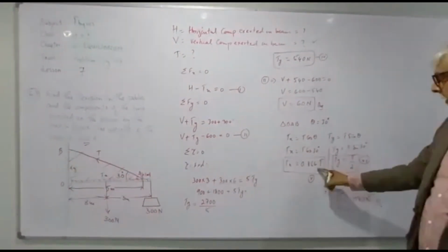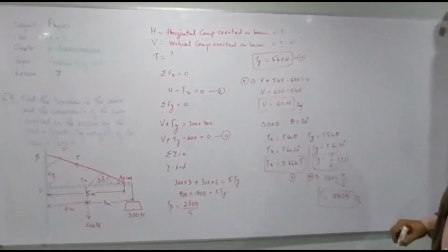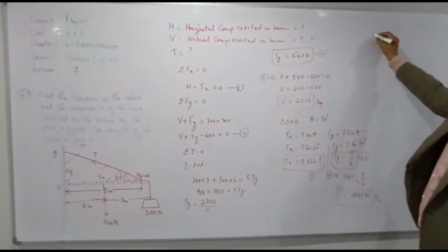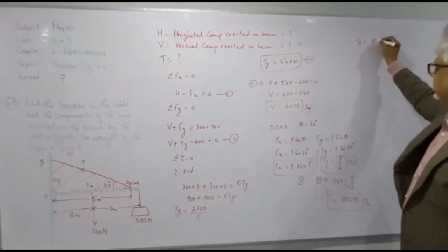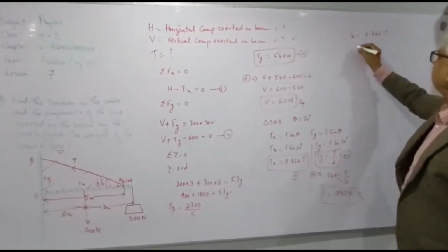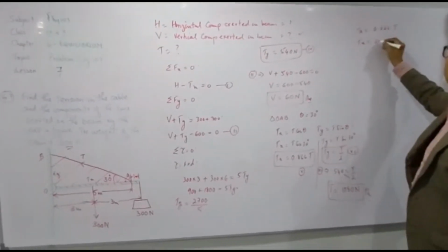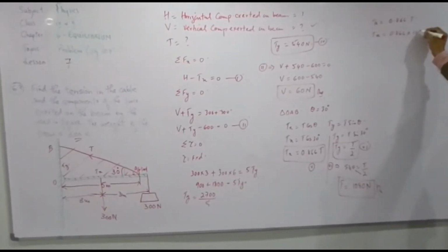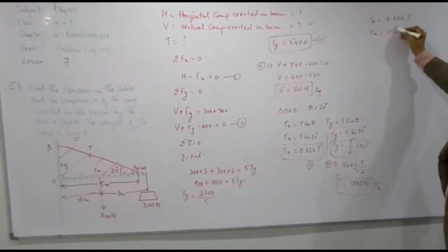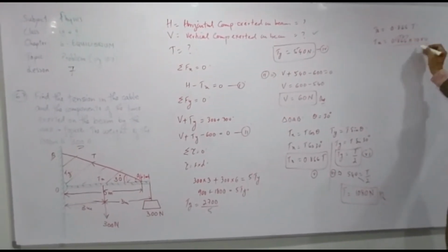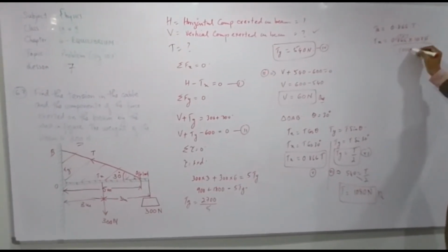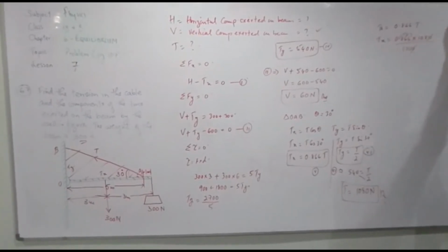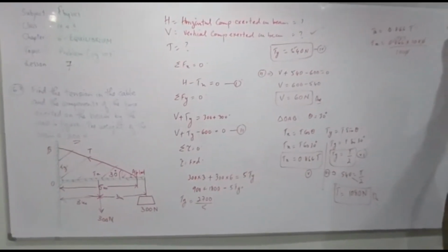Now that we know T, we can calculate Tx. Tx equals 0.866 times T, which is 1080. The zeros cancel, so you have 108 times 866.